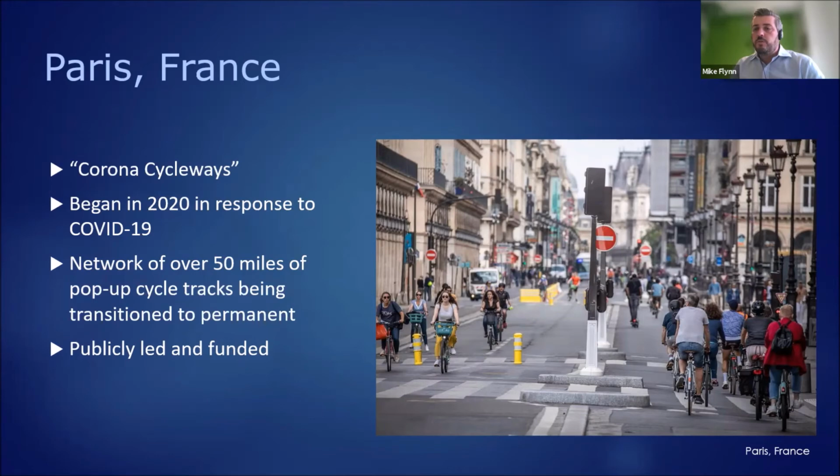So it wasn't just during the peak of the pandemic when car traffic was much lower, but actually looking at this as a more long-term strategy to create more space for walking, cycling, and transit. Part of that was these over 50 miles of cycle tracks or protected bike lanes that are now gradually being made permanent.